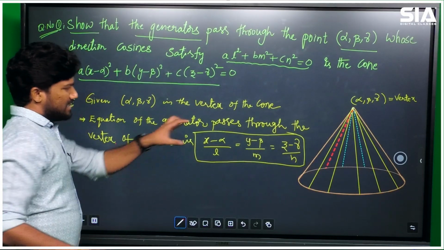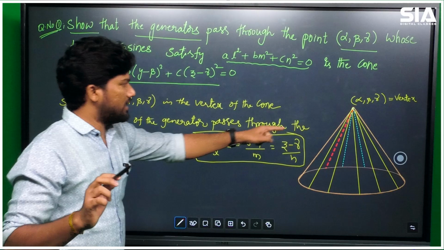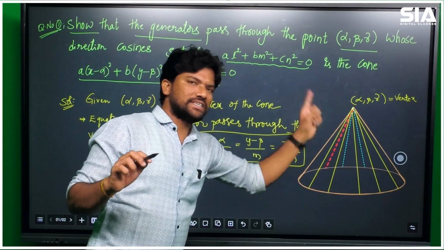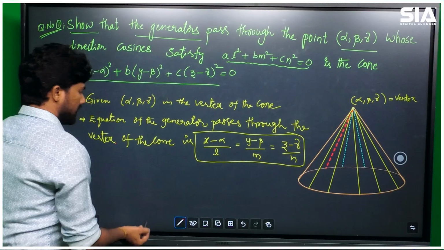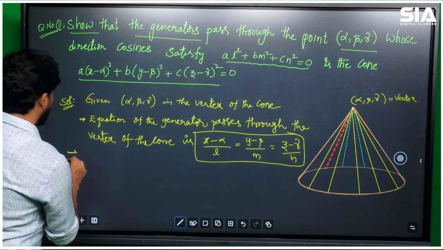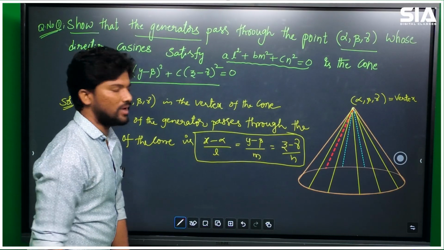Now this equation represents only one generator. Here we have a lot of generators, and all these generators pass through only one point. That point is the vertex of the cone. Now from this, find the direction cosines. What are the direction cosines? Direction cosines are nothing but the small l, small m, small n values.